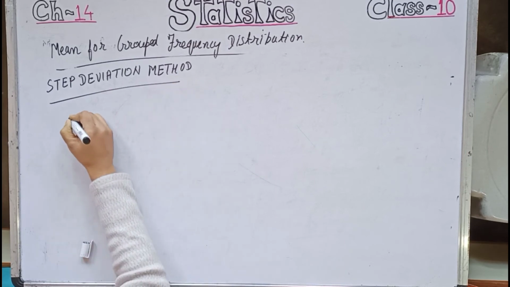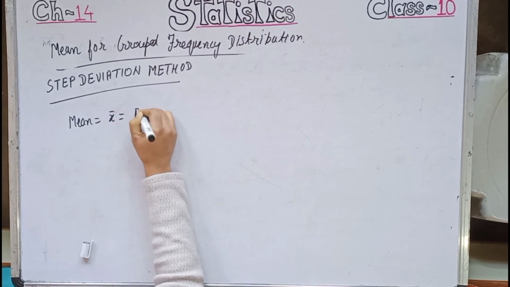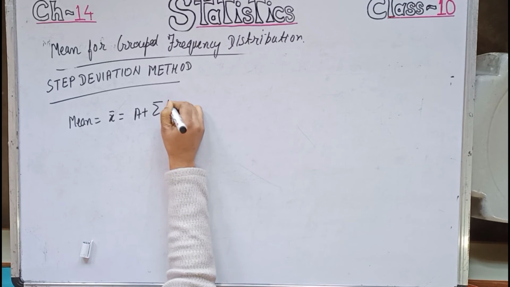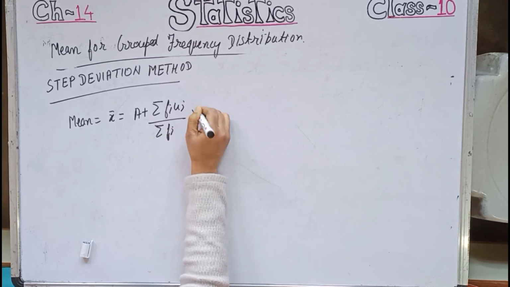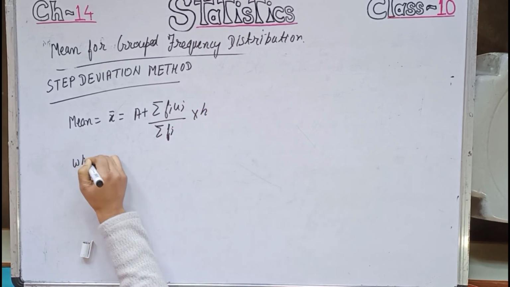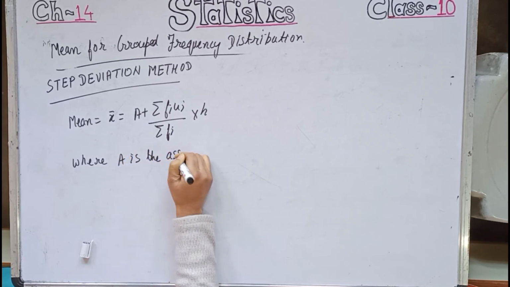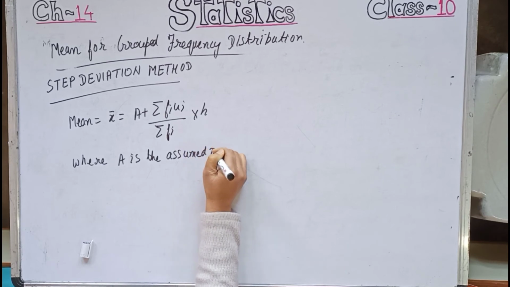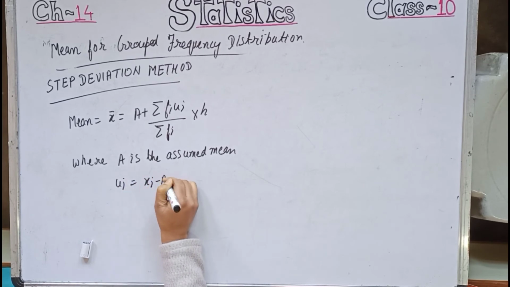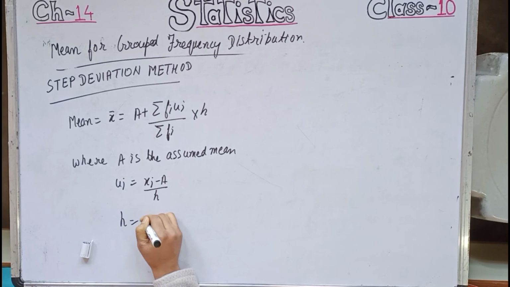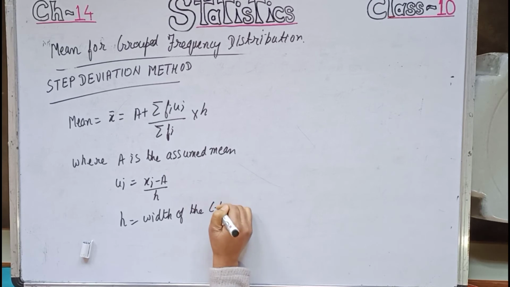Now in this method, the formula for the mean is given as mean equals to x bar equals to a plus summation fi into ui by summation fi into h, where a is the assumed mean, ui equals to xi minus a by h, and h equals to width or the size of the class interval.